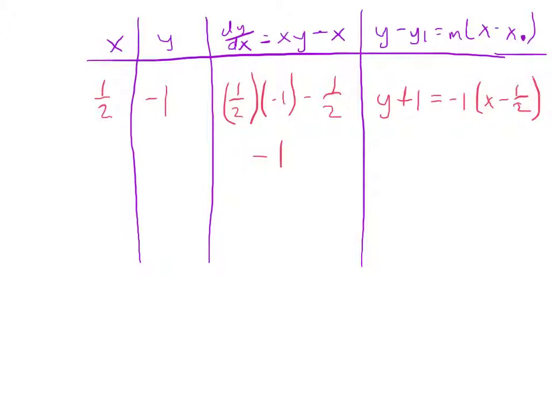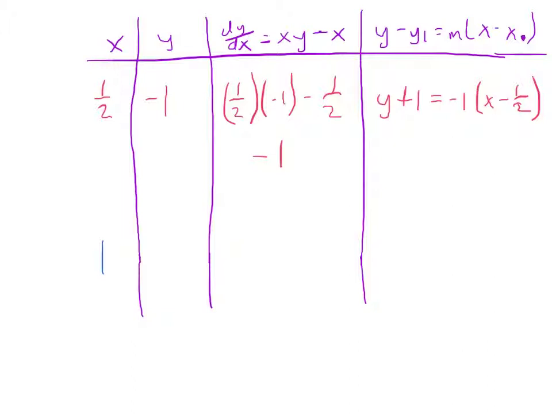And then repeating this process, the next x value we would have, well, our delta x is going to be 1/2 because we're using 2 steps of equal size. So the next x value would be at x equals 1. And we would get the y value at x equals 1 by using our newly constructed tangent line equation.